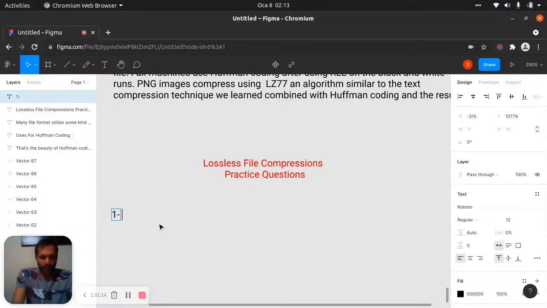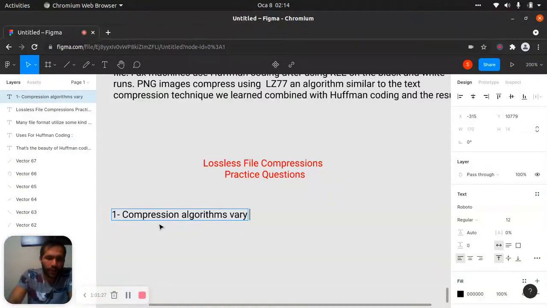The first question says: compression algorithms vary in how much they can reduce the size of a document. I forget the short way to write it, but I know what it is.